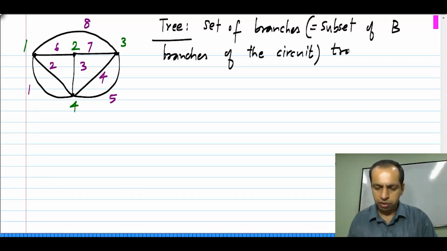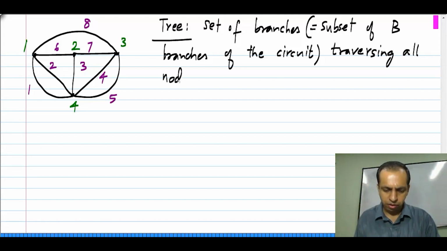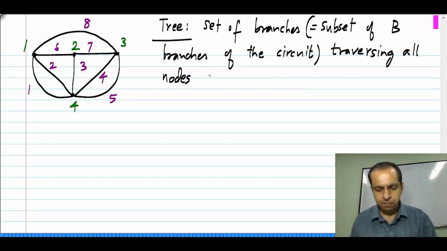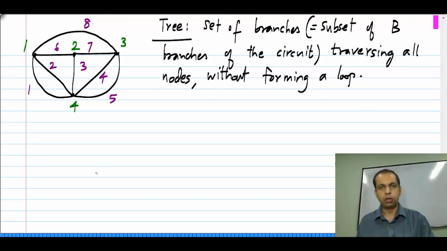So, all nodes should have at least one branch connected to it, but without forming a loop. This should be clear if I show an example.